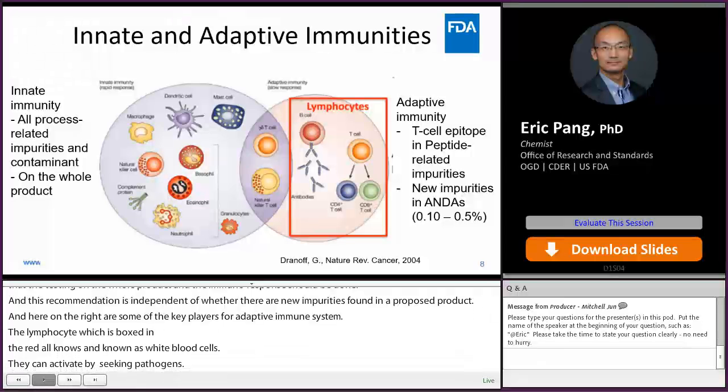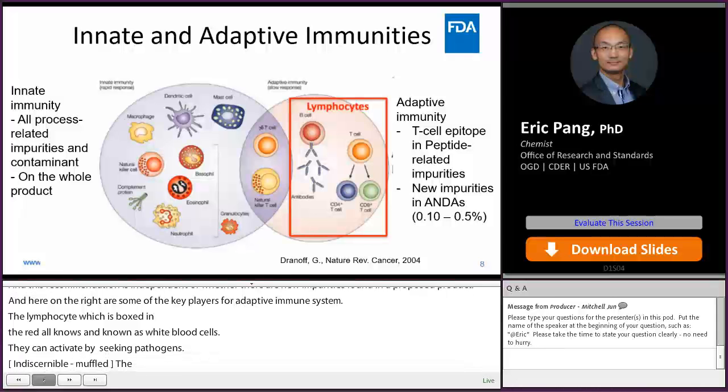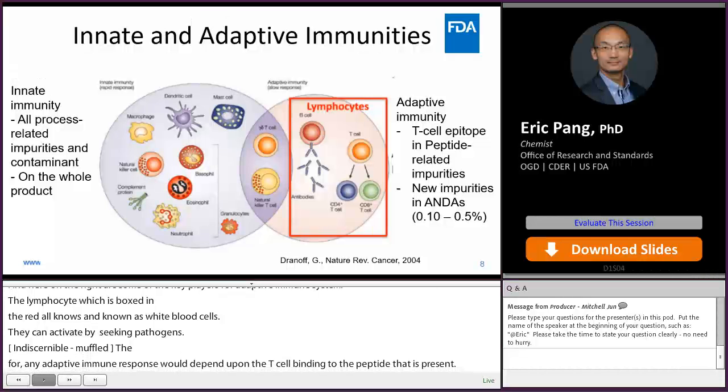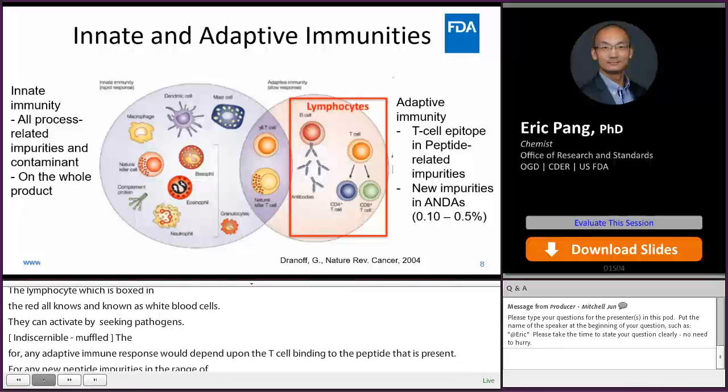Therefore, any adaptive immune response would depend upon the T cell binding to the peptide that is presented to the MHC. So for any new peptide impurities in the range of 0.1 to 0.5%, we would like the applicant to investigate whether these impurities contain an MHC binding domain.